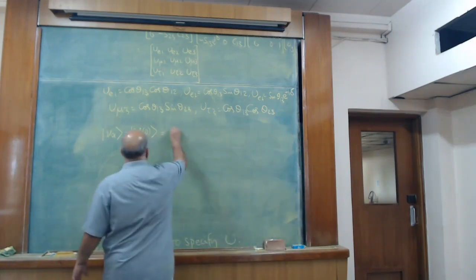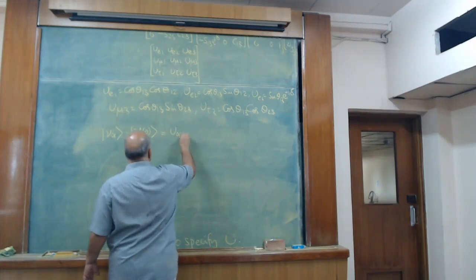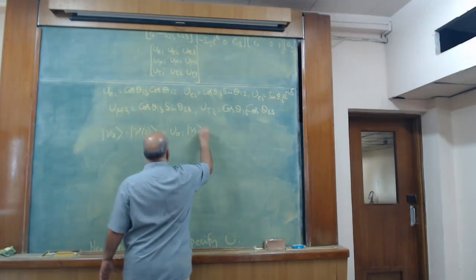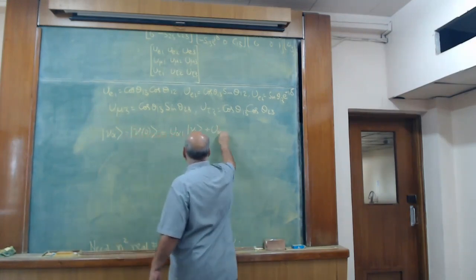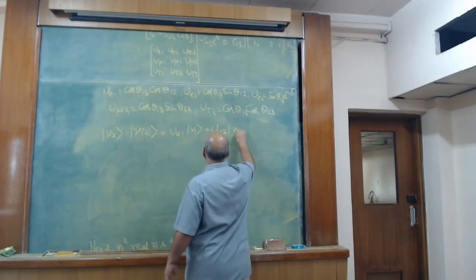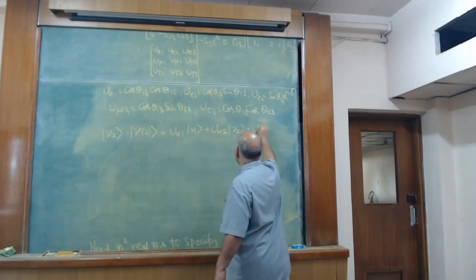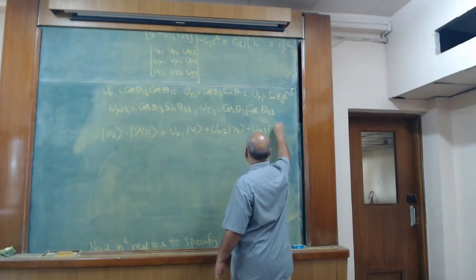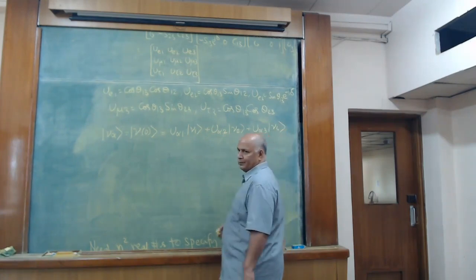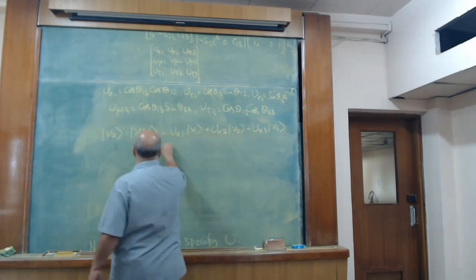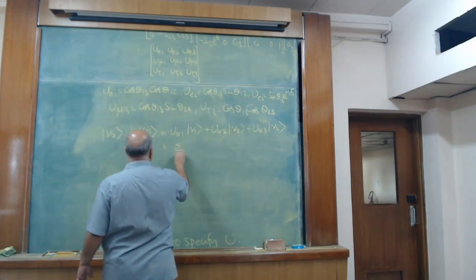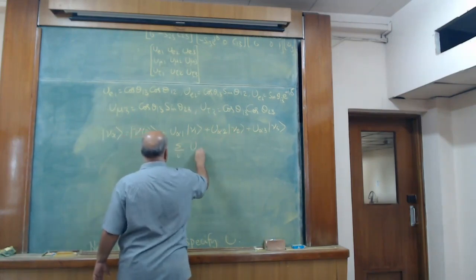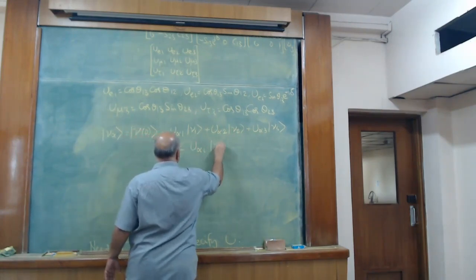So this is u alpha 1 nu 1 plus u alpha 2 nu 2 plus u alpha 3 nu 3, and if you want I can write it as sum over i u alpha i nu i.